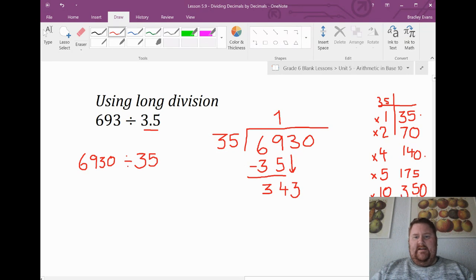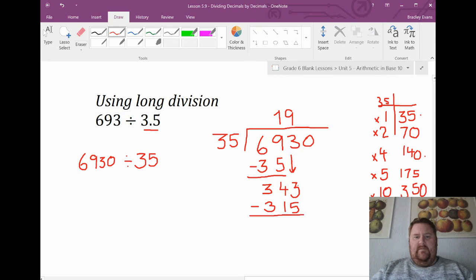Okay, that's already too high. So I know I'm going to go 1 less 35, and that's going to be 9. 1 group less of 35 is going to be 315. So 35 times 9, 315.